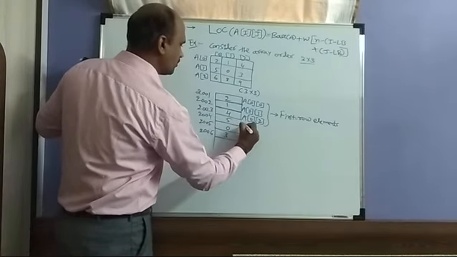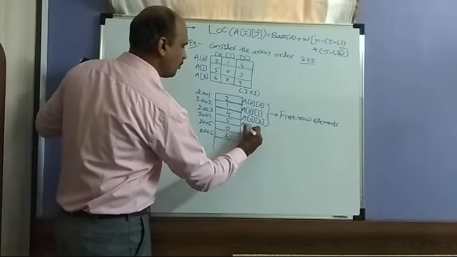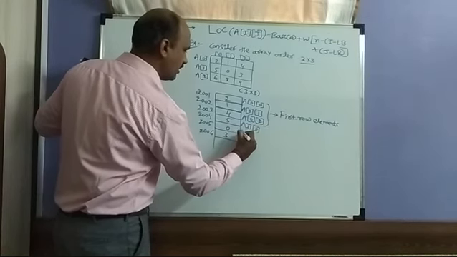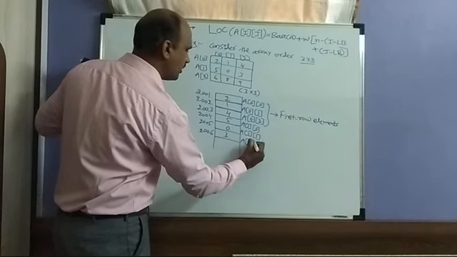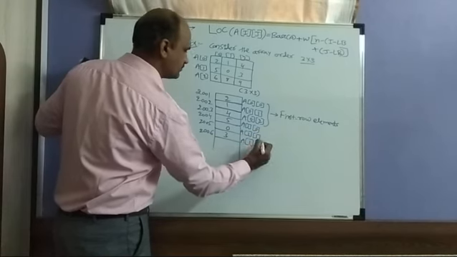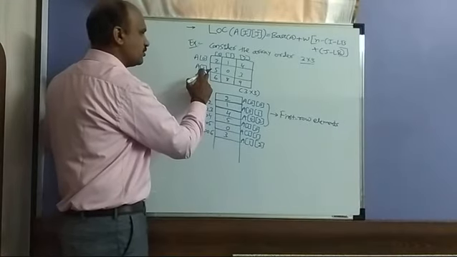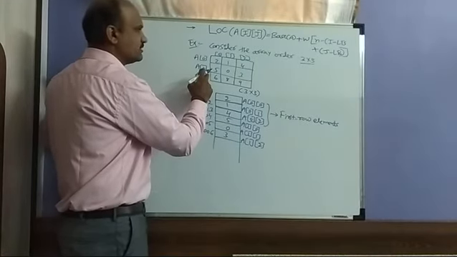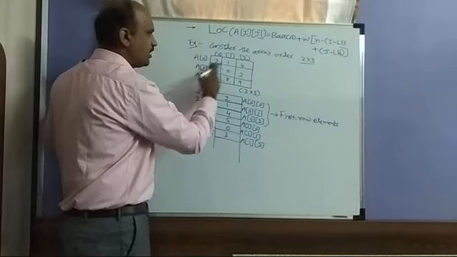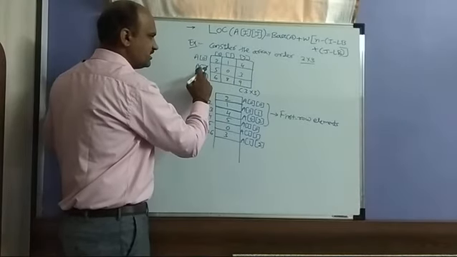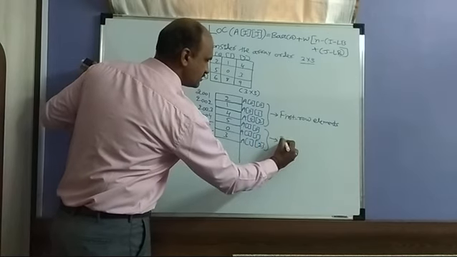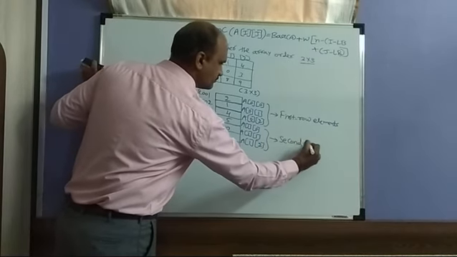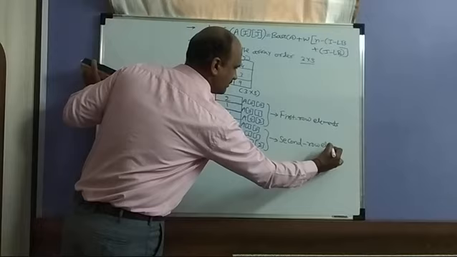Then it will store A of 1, 0, A of 1, 1, then A of 1, 2. That is, 5 is present at A of 1, 0, and 3 is present at A of 1, 2. This is your second row. Second row elements.